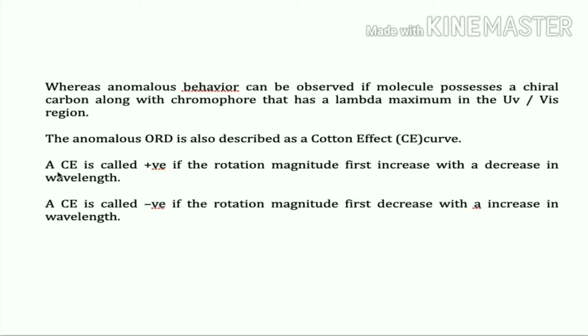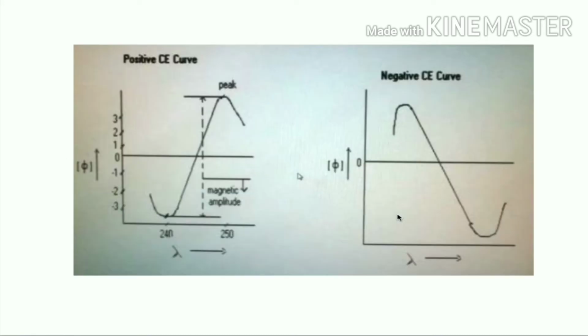So in the Cotton effect, we have a positive Cotton effect curve and a negative Cotton effect curve. In the positive Cotton effect curve, the rotation magnitude first increases with decrease in wavelength, whereas in the negative Cotton effect, the rotation magnitude first decreases with increase in wavelength.